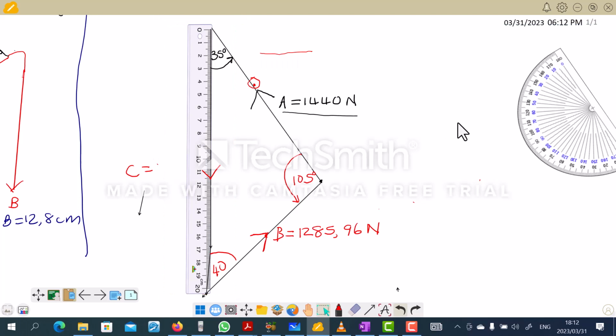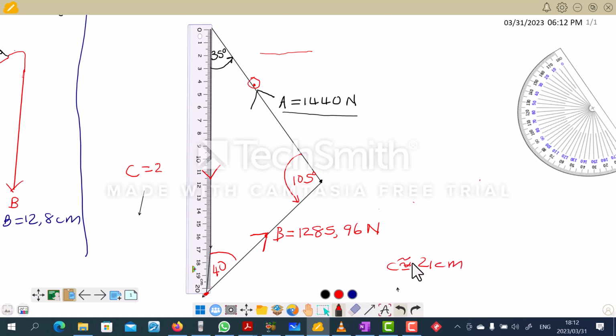Unfortunately I don't have a 30 centimeter ruler, but as you can see it started from 0 going down. You can see I have 20 centimeter at this point, but it's ending here. So I am assuming C is supposed to be like 21. Let's say approximately 21 centimeters.